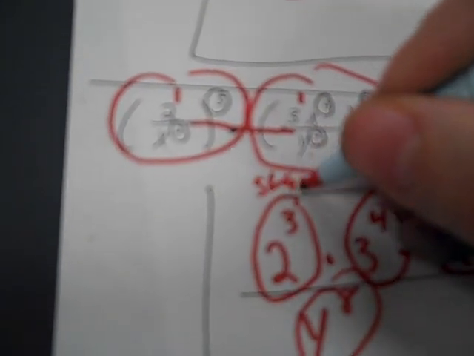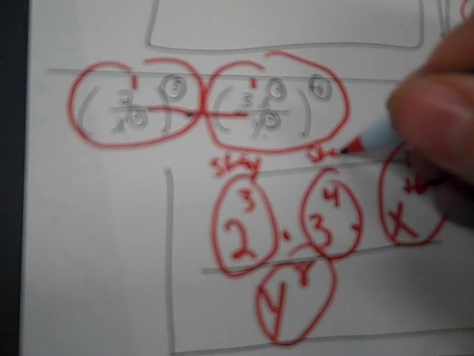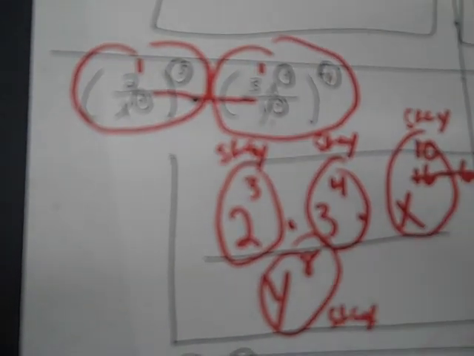Okay, they're all positive, so they're all going to stay in the same place. So stay, stay, stay, stay. So 2 to the 3rd stays on the top, 3 to the 4th stays where it's at, and x to the 10th stays where it's at, and then my y factor stays where it's at.